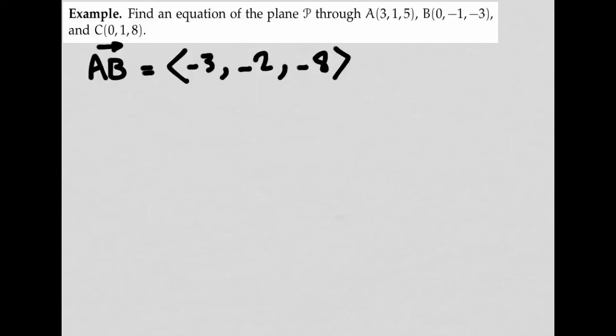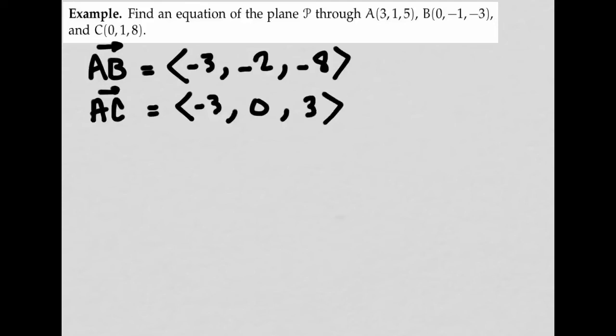Let's also find the vector AC. This has components 0 minus 3, which is minus 3, 1 minus 1, which is 0, and 8 minus 5, which is 3.